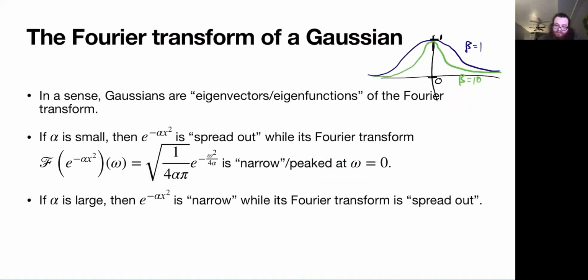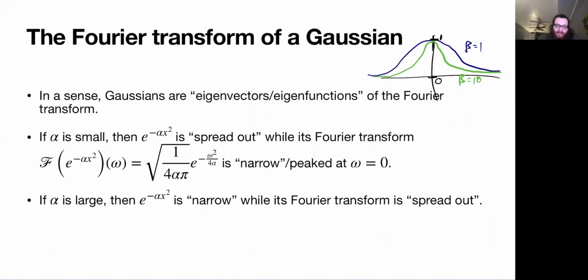If alpha is small, then the profile of the Gaussian is going to be more spread out.